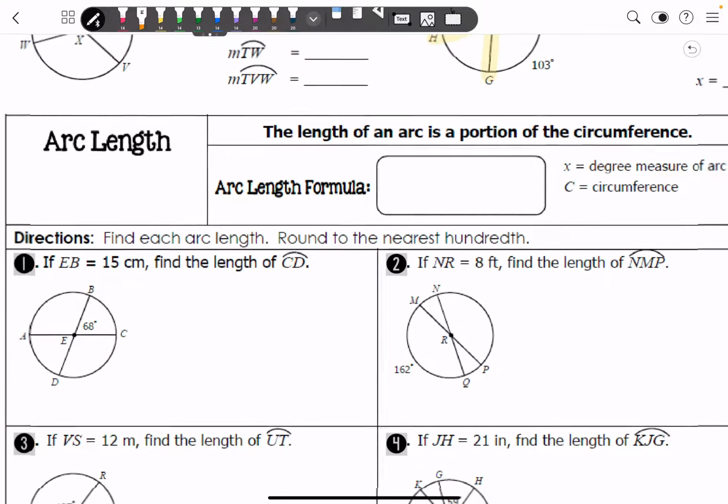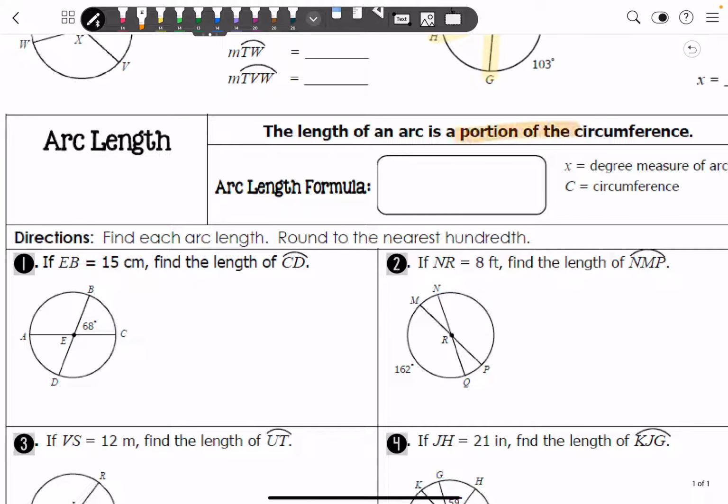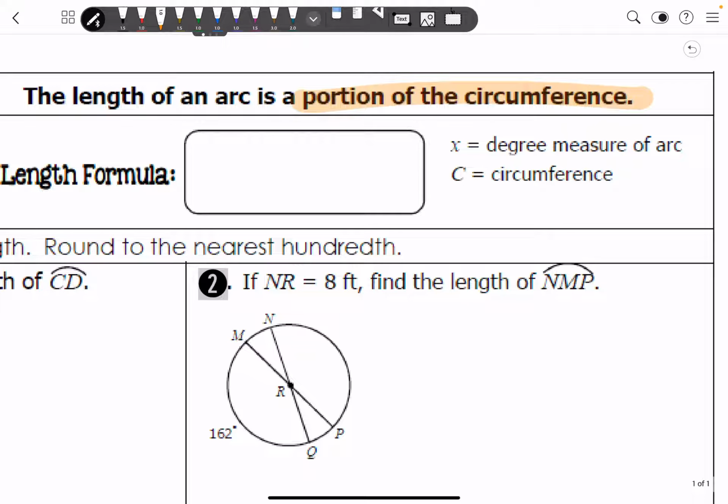Okay, so the length of an arc is a portion of the circumference. It's a proportion that you can also set up. The way that we symbolize arc length is this L right here. And it's a curly L, it's a cursive L. There are two ways you can set it up. Your arc length is part of the entire circumference, C, and it's equal to x over 360.